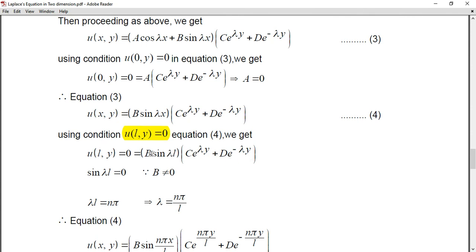Now if b equals 0, the solution will be 0, but we cannot carry the solution 0, so we will assume sin λL equals 0.